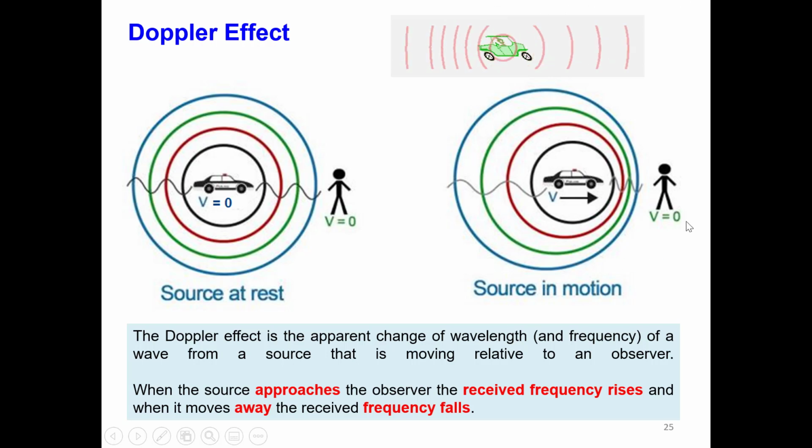Then in the other figure, if the source of the sound is moving towards the observer, then there is an apparent change in the wavelength: it decreases, and this is why the frequency increases. And on the other side, we can see the wavelength increases, and the frequency decreases.